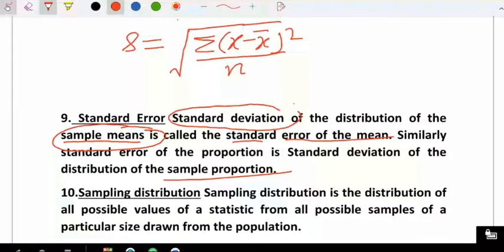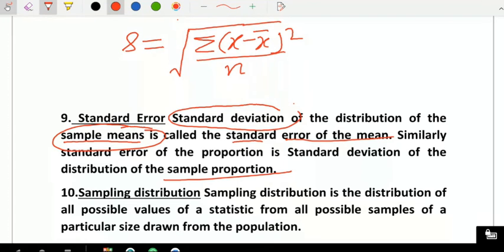That means you have to divide by the number of terms. Here x bar is the mean of the values, the sample values you have taken. From each value you subtract the mean, square this, then take the mean and take the square root. That becomes the standard deviation.